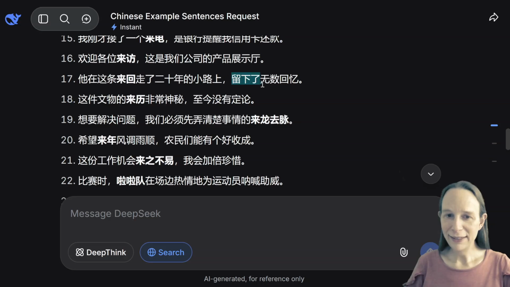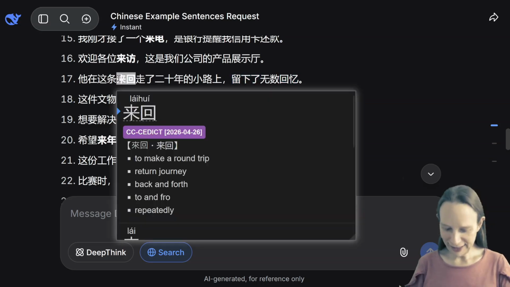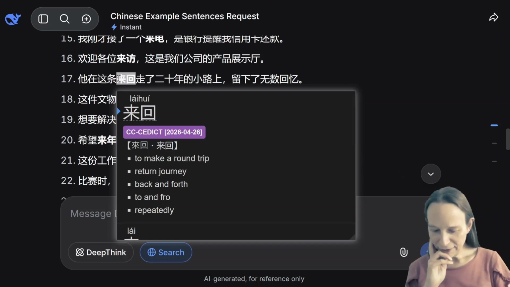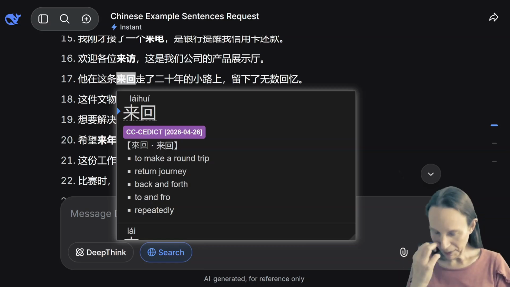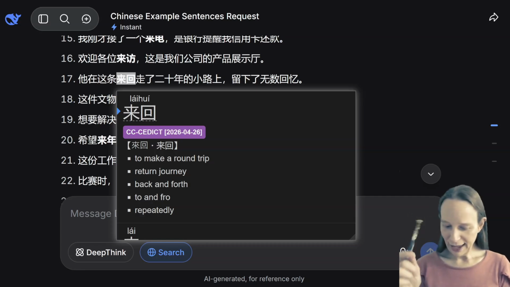Right? 留下了无数回迹. Right? What does the dictionary say? 来回. 来回. First one is a verb. 往返一次的距离. Okay, so make a round trip, right? Maybe it's in the same order as this dictionary as that one. All right, 从家到单位来回有5公里.